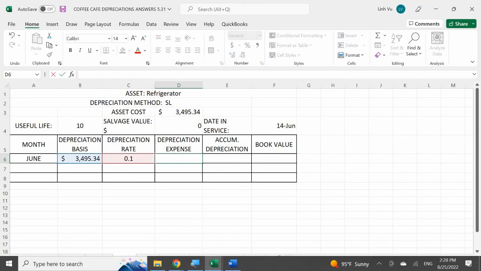No, do it again, hold on. So 34.95 is not 10%. That's 1%.